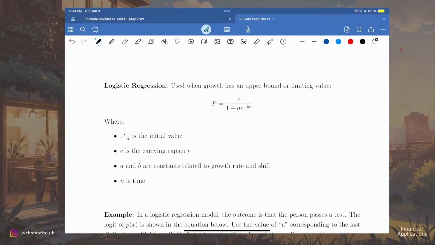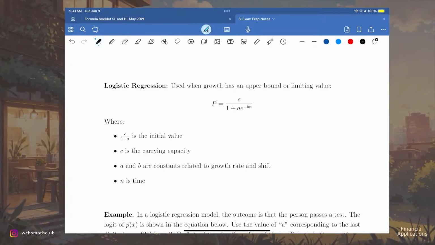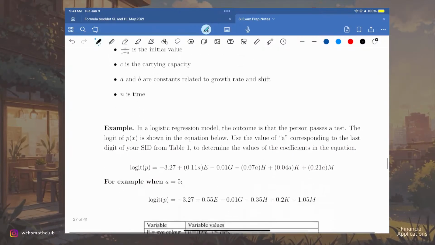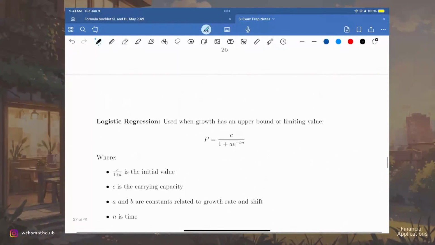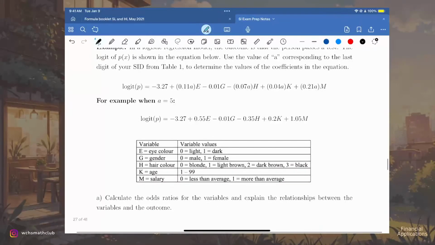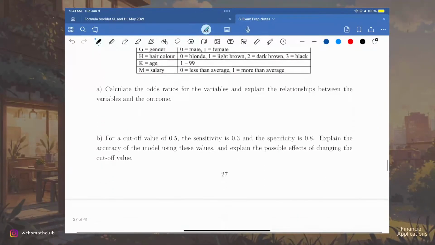In this case, C over 1 plus A is just the initial population, while C is specifically the carrying capacity, the upper limit. A and B are constants related to the growth rate and the shift, and n is just your time. We can go over other questions later, but this is not a great example, so we're just going to be moving on from this for now.